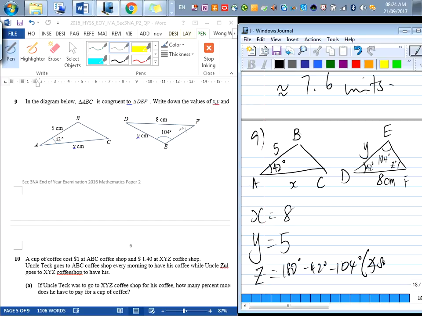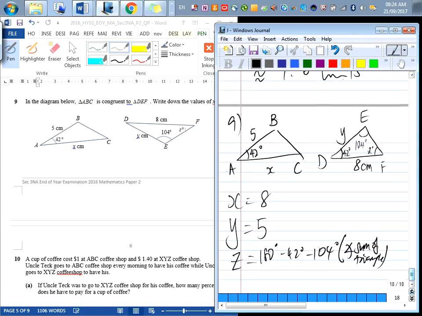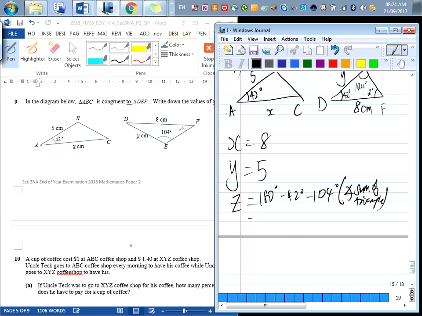Reason, angle sum of triangle. And the answer is 34 degrees. For the same reason, we don't write degrees. It is 34.